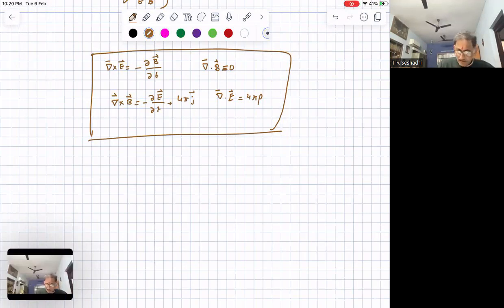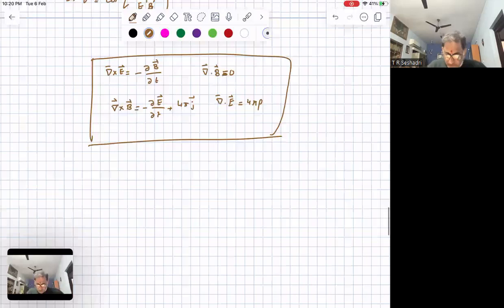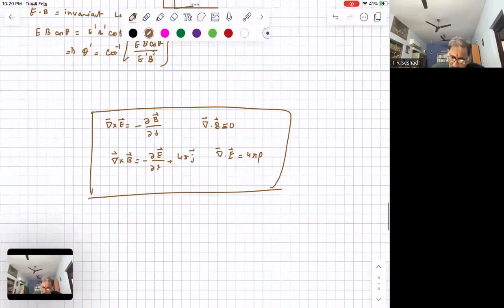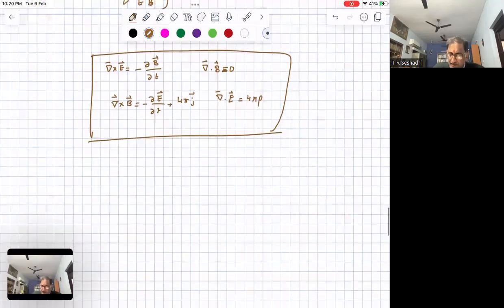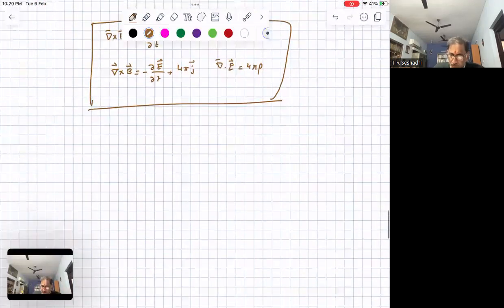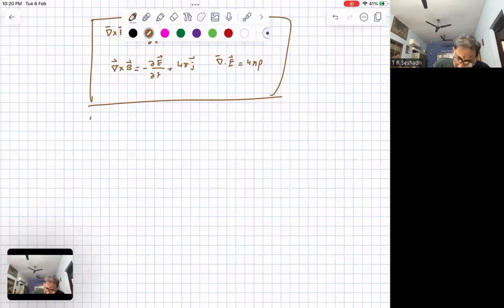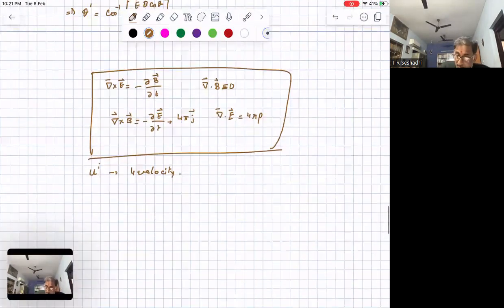Now, we have already got some relativistic formulation in which we have E and B in terms of the electromagnetic field tensor. What about J and rho? Just like I have this quantity called U i, which is the 4-velocity.